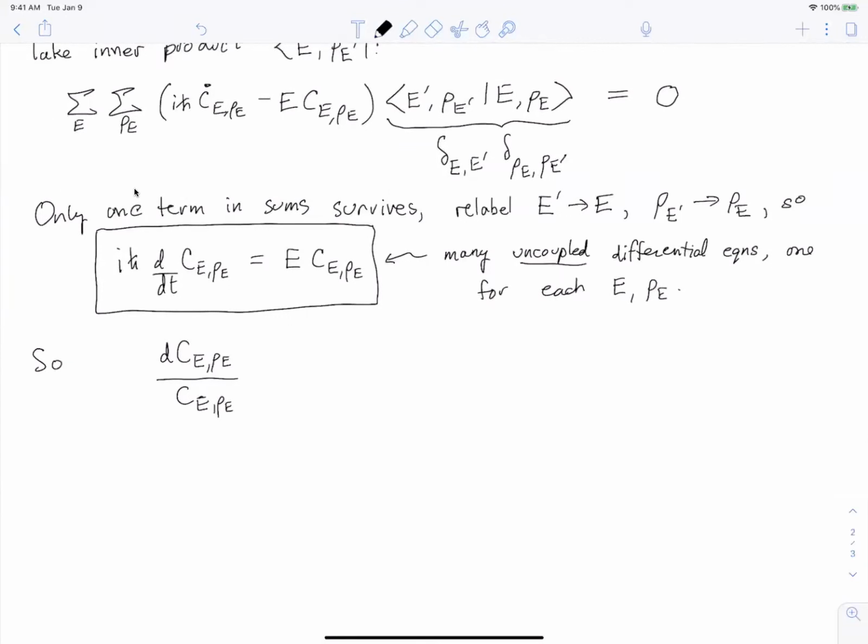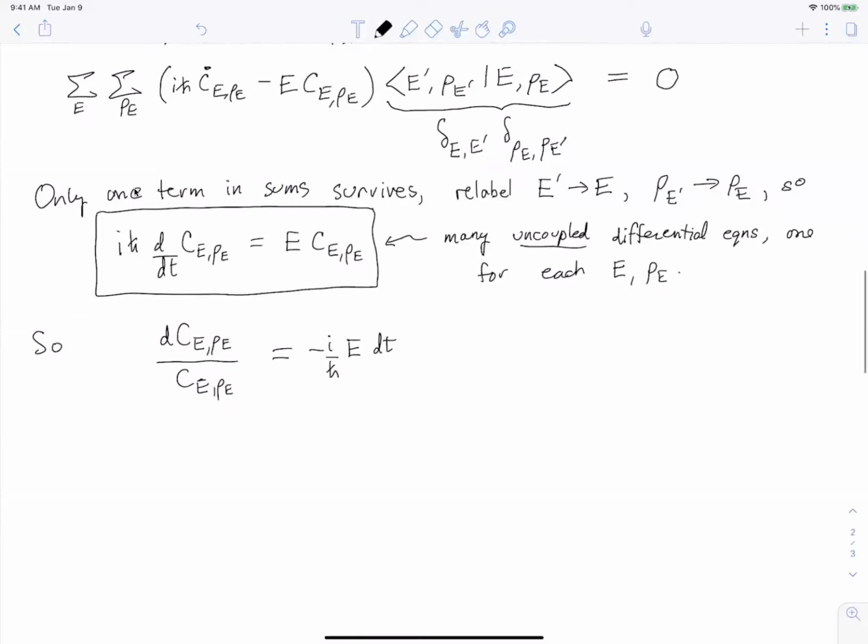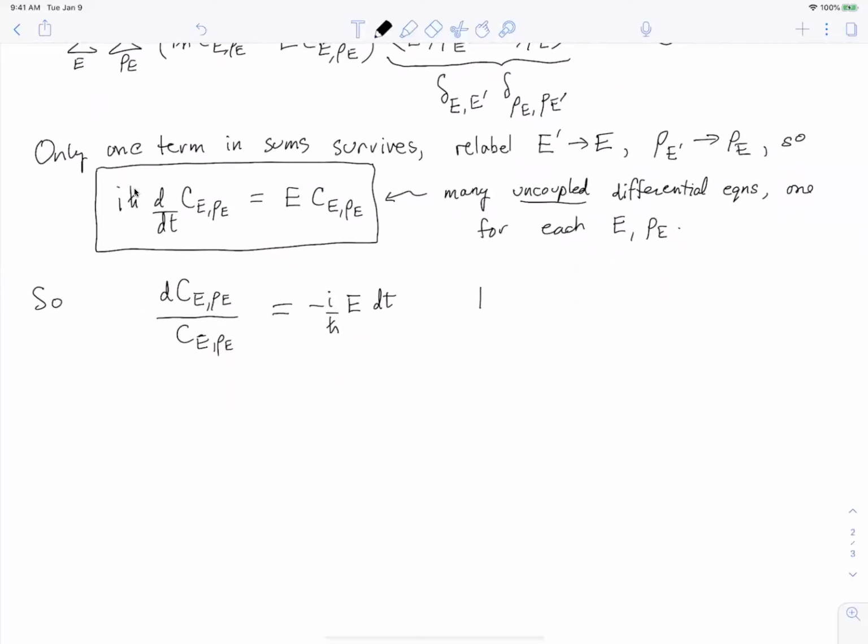But if it is zero, then the solution is easy. Then the coefficient is just zero for all time. Okay, this equals minus i over h bar times the energy times the differential dt. And now we integrate both sides.